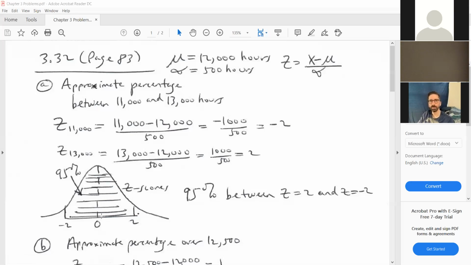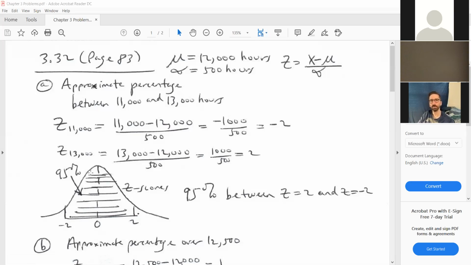Okay? So the mean is 0. And 2 is somewhere out here to the right of 0, and -2 is somewhere out here to the left of 0. And because this curve is symmetric, the area under the curve between 0 and 2 is the same area from -2 to 0. It's called symmetry. All right, this is a symmetric curve.